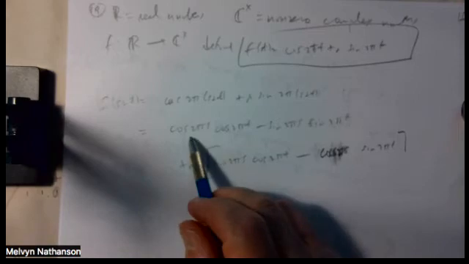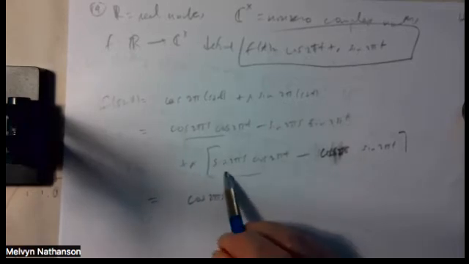So let's look at this a little bit more closely. We'll take this term and this term. That's equal to cosine 2 pi s plus i sine of 2 pi s, all times cosine of 2 pi t.